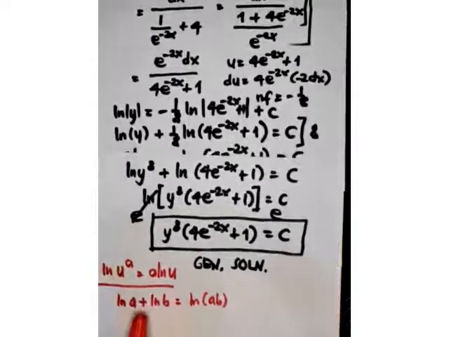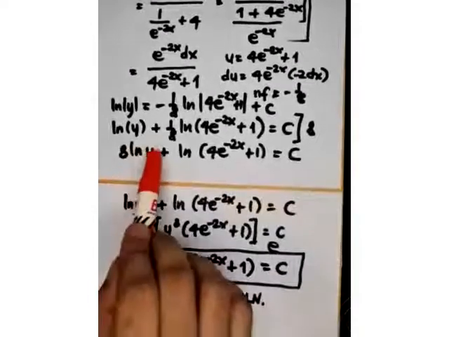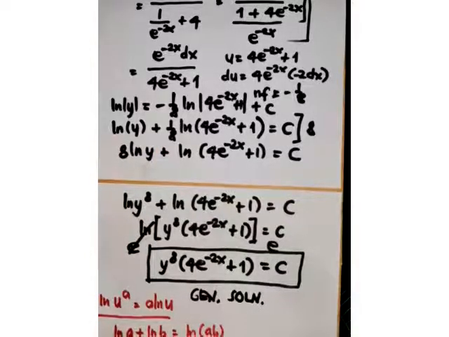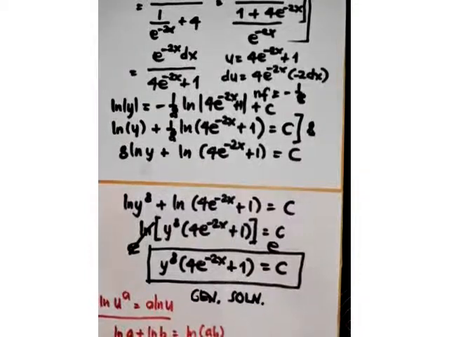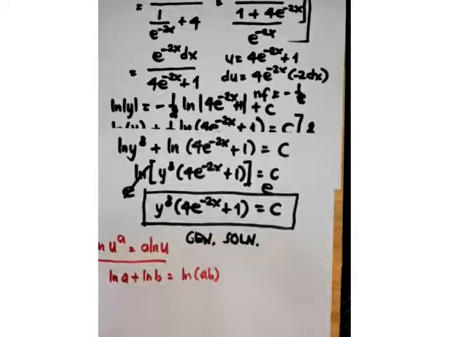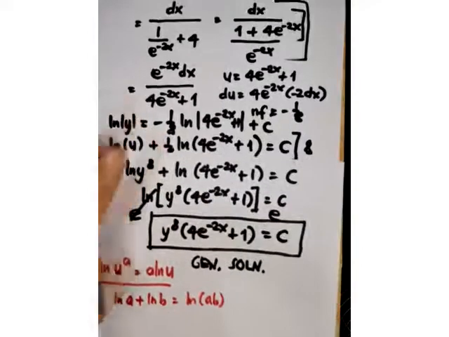Kaya, ayusin muna natin siya na magkakaroon ka ng AB. Kaya yung 8, nilagay natin siya doon sa power ng Y. Okay, it's the property of natural logarithm. Okay? Sige. So, meron pa bang may ibang question?